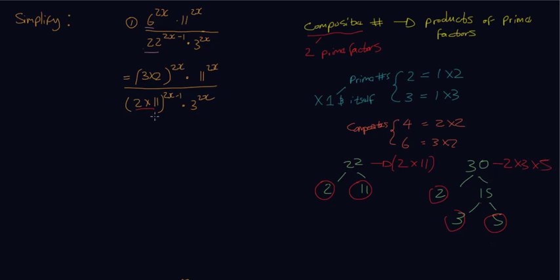So this is what we did for 22. So let's solve the brackets. We multiply the exponents. So 3 to the 2x times 2 to the 2x times 11 to the 2x, over.